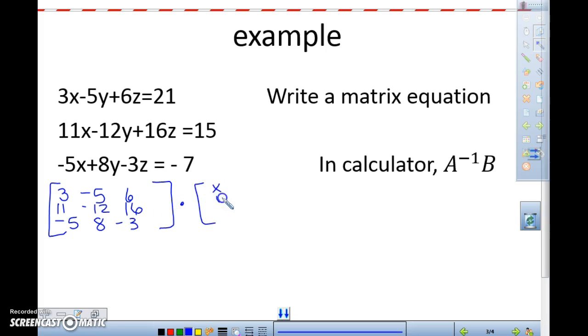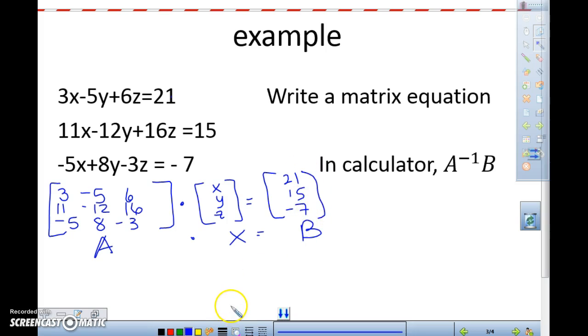Times our variables x, y, z. There's our matrix X. Equals our constants. Our constants are 21, negative 7.